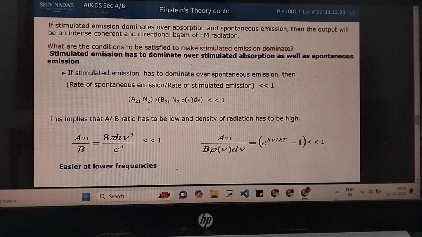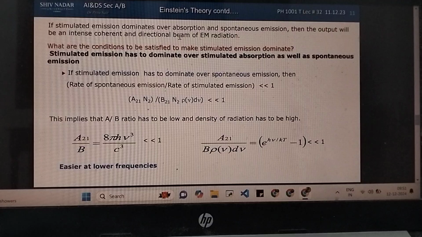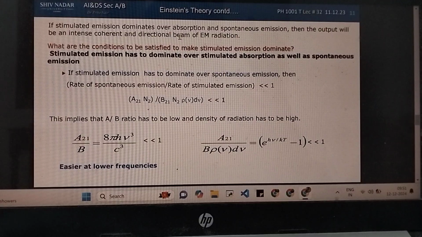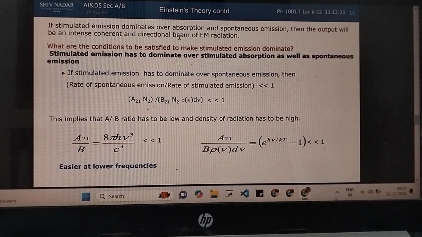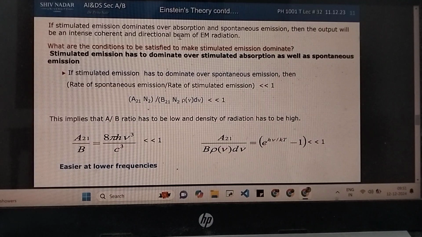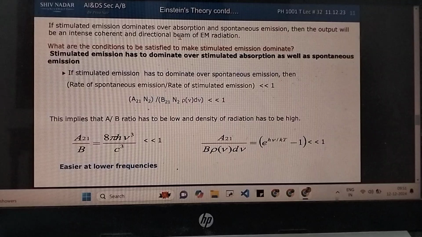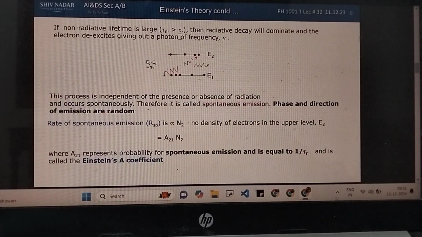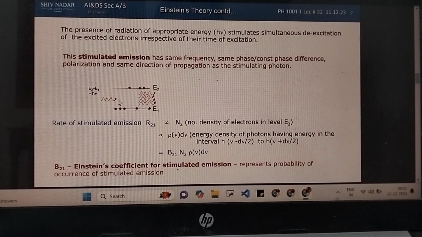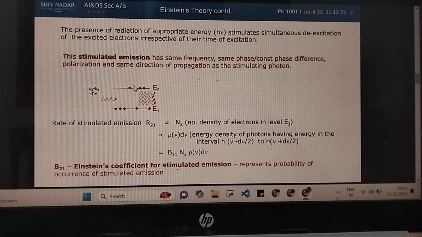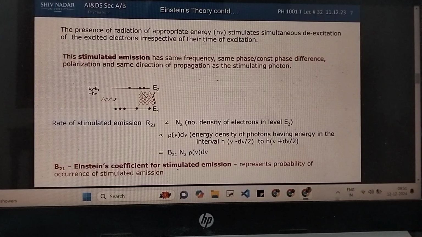So we saw how repeated amplification is responsible for this property of lasers called intensity. Now there are two other properties, highly coherent and highly directional, and stimulated emission is responsible for these two properties. How? Let us quickly remind ourselves of what stimulated emission is. You see that there is this incident quanta of energy which triggers all these electrons to give out their energy.